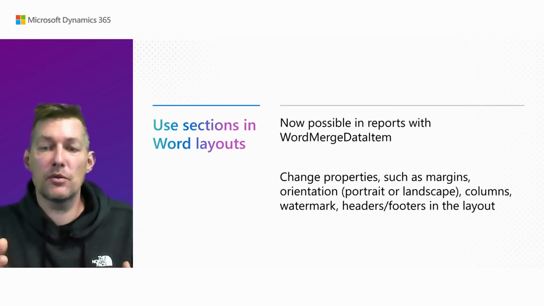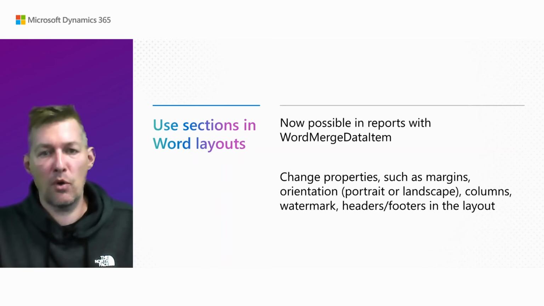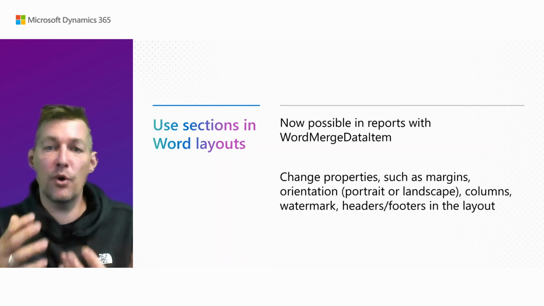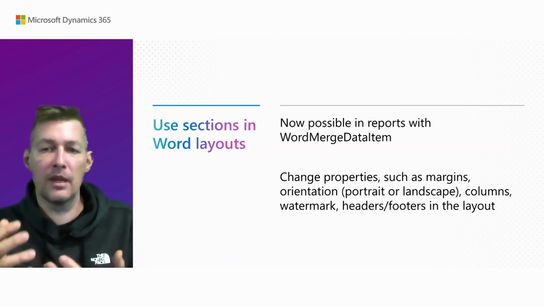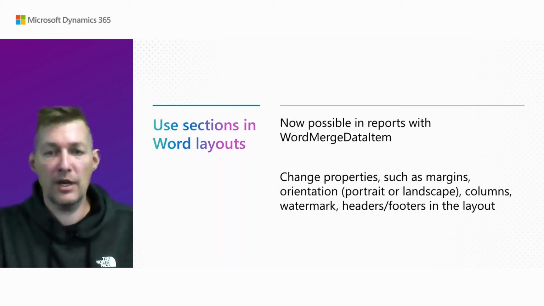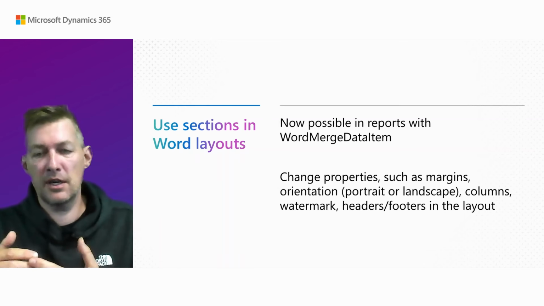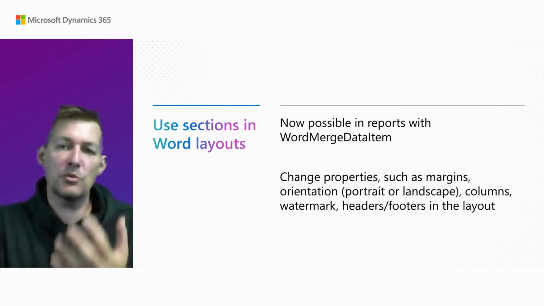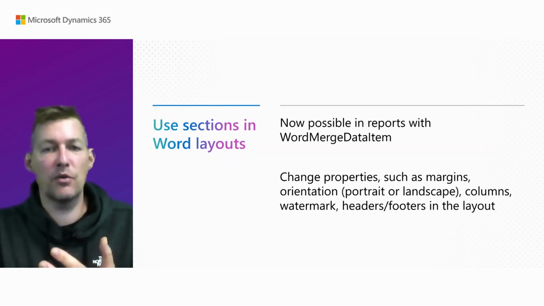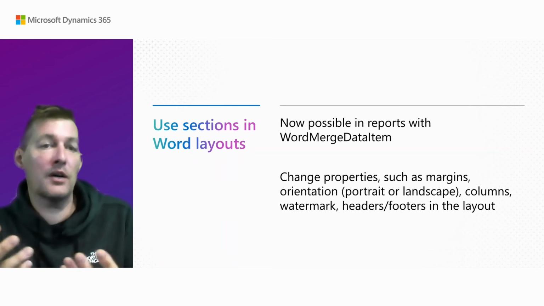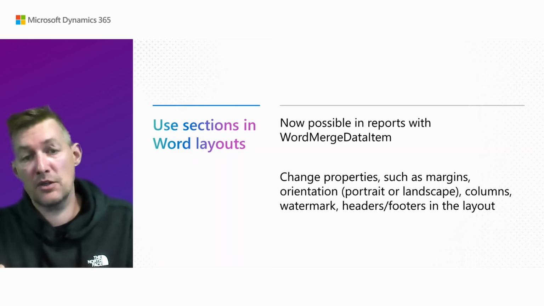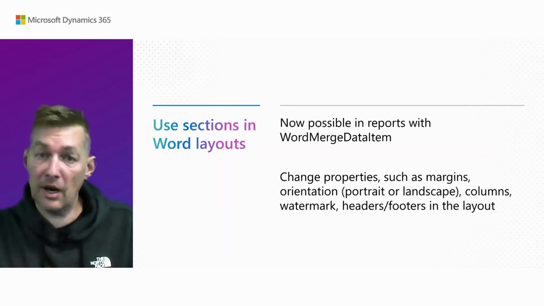In Business Central 2024 Release Wave 2, if you have reports that use the word merge data item property to iterate over some things, let's say you want to create multiple invoices and you want to iterate over those, in the past you couldn't use Word sections in these layouts, but now you can.